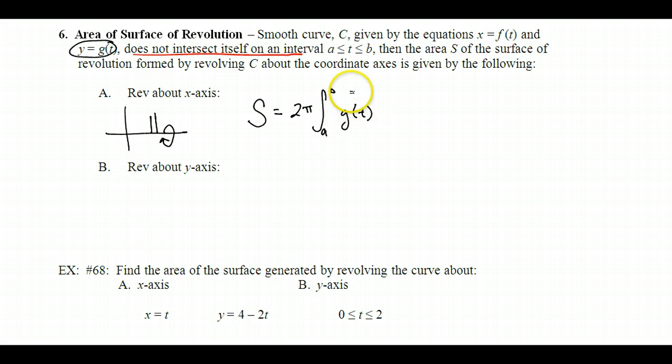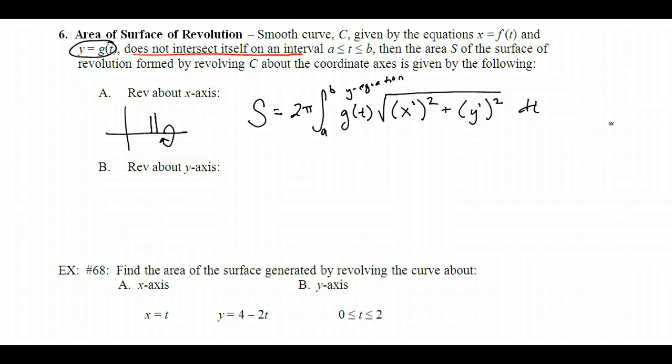So here, this is your y equation. Not much changes. We do have to multiply by our arc length, just like we did when we learned it in rectangular. So the square root of the derivative of x squared plus the derivative of y squared, differential t. So a pretty basic equation. Some minor changes from rectangular, but not too many.